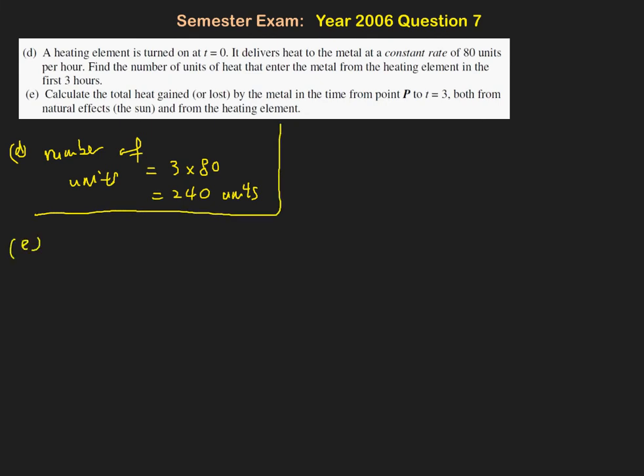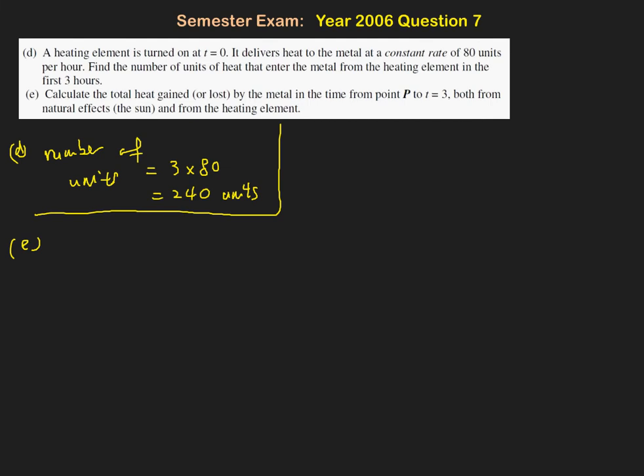Now part E: calculate the total heat gain or loss by the metal in the time from point P to t equals 3, including the heating element. We're going to look at the diagram again.